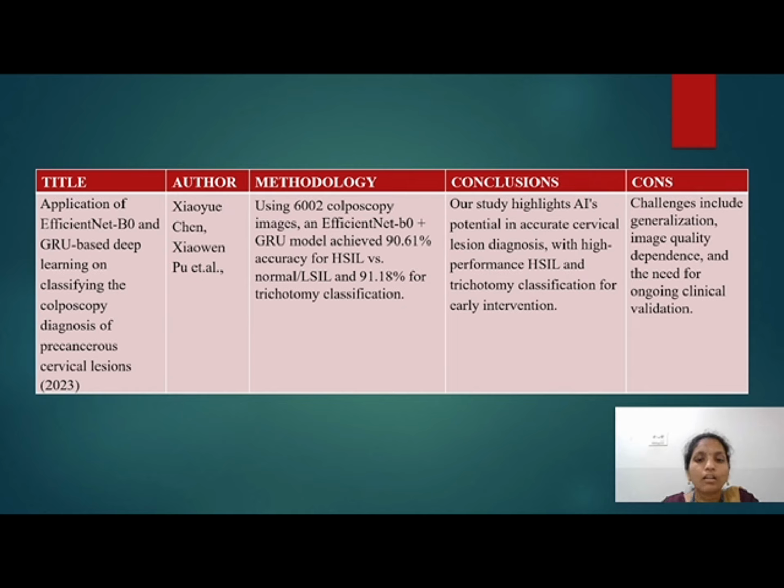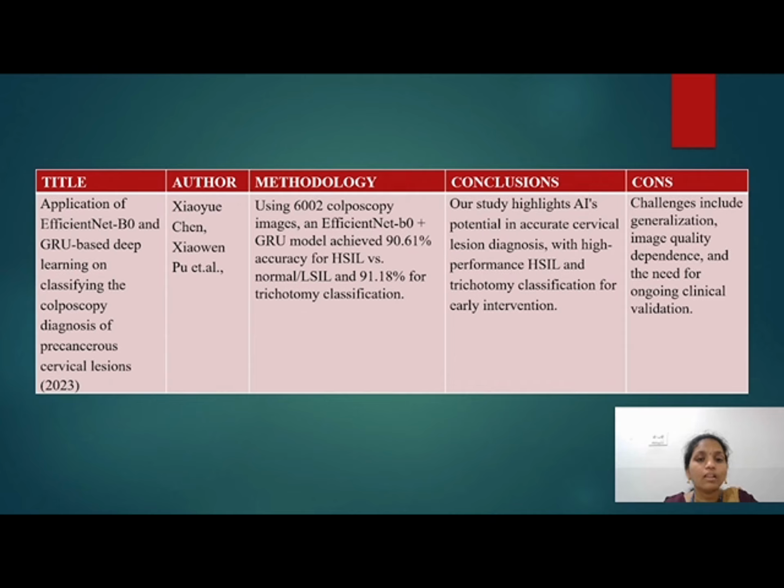In this model, EfficientNetB0 is optimized for image classification, and GRU is a type of recurrent neural network that is effective for handling sequential data. This hybrid model was trained to distinguish between high grade squamous intraepithelial lesions versus normal and low grade squamous intraepithelial lesions.